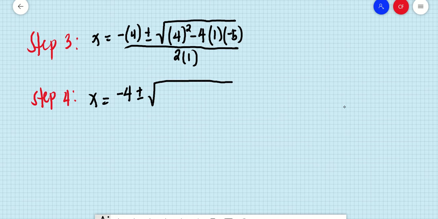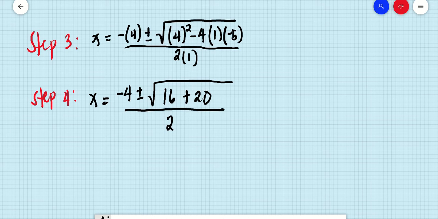So, simplify natin. 4 squared is equivalent to 16, right? And negative 4 times positive 1, that is negative 4. Negative 4 times negative 5 is positive 20. Okay? All over 2 times 1, that is positive 2.